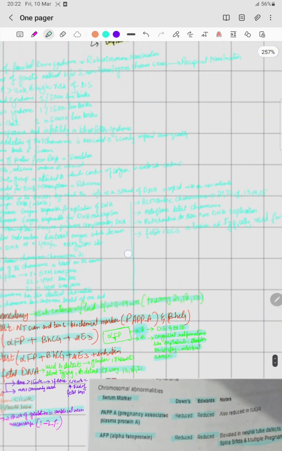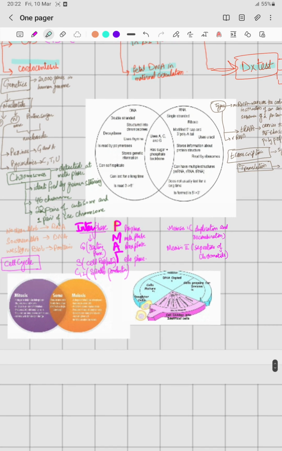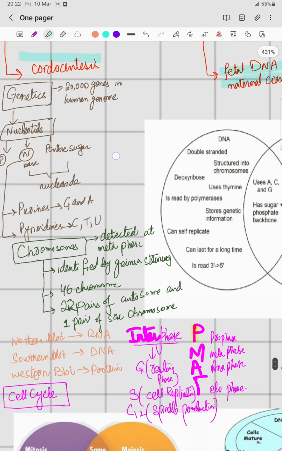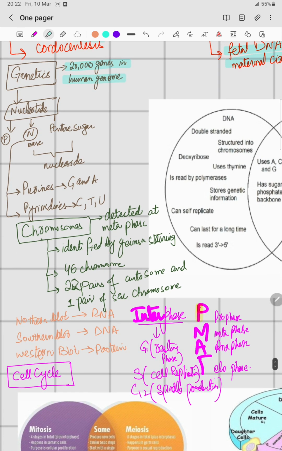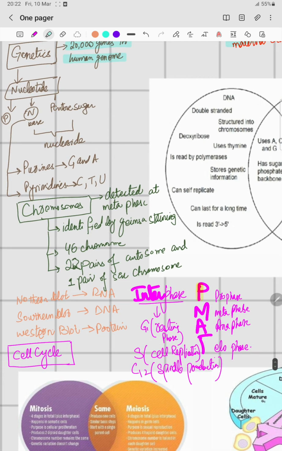So let's move on, and here let's discuss a few important slides from the cell cycle. We know there are 20,000 genes in the human genome, and it consists of nucleotides. The nucleotide is made up of a nitrogenous base, a phosphate and a pentose sugar.